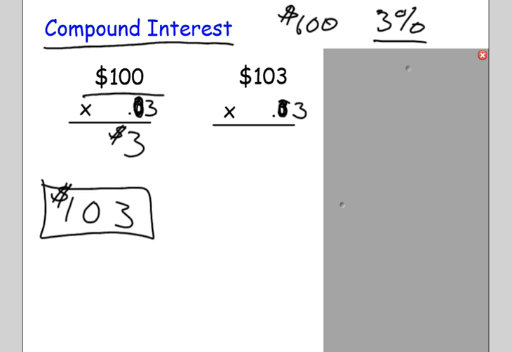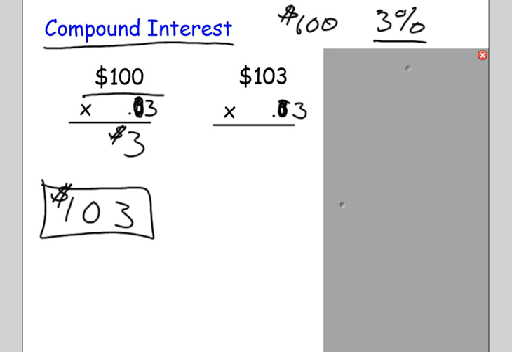You're going to probably want to pull out a calculator. Not that you can't do this math, but this is a good lesson to practice using your calculator, and it's okay to use a calculator on this lesson. The book is even going to encourage you to use a calculator, and in a minute, we're going to talk about how to do different things on the calculator.